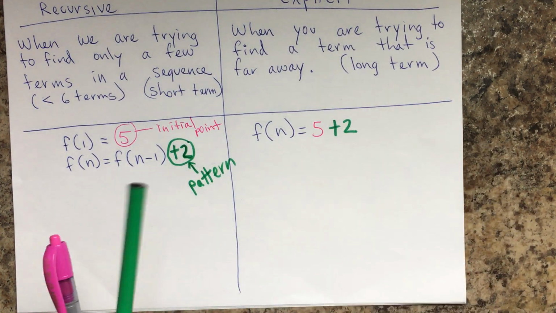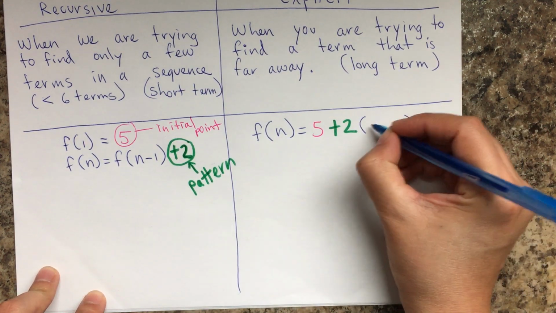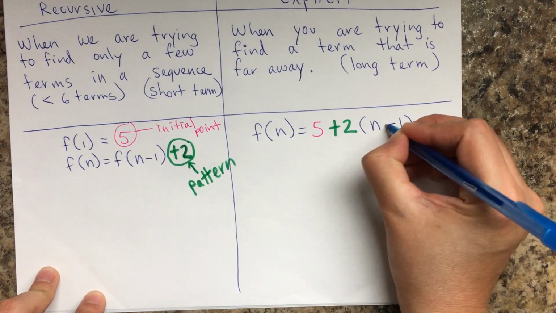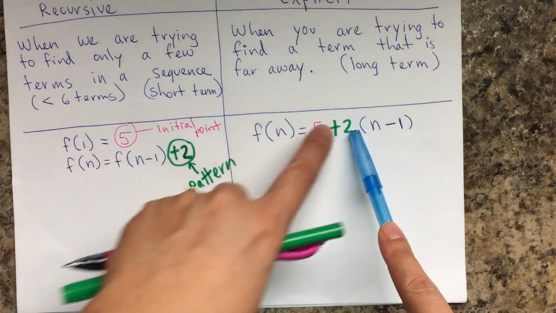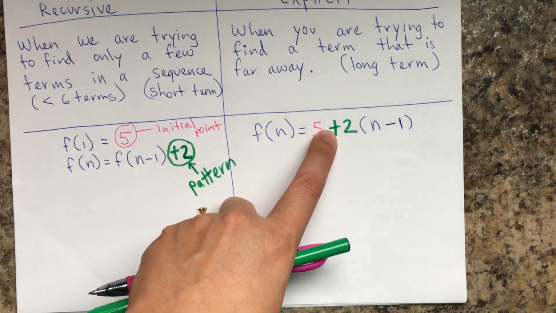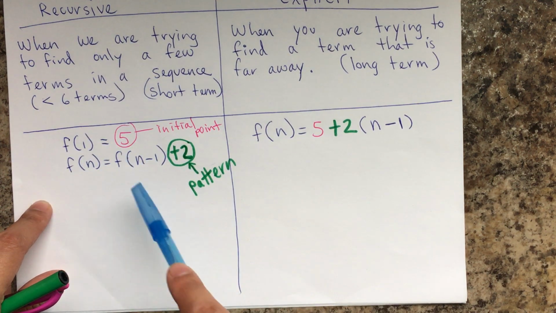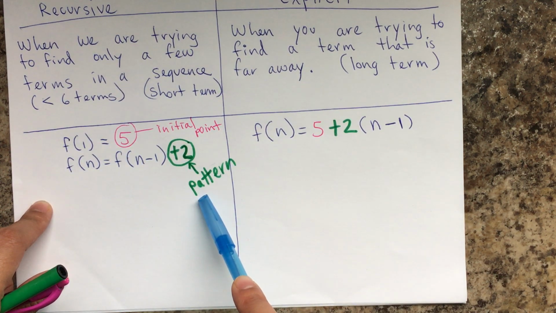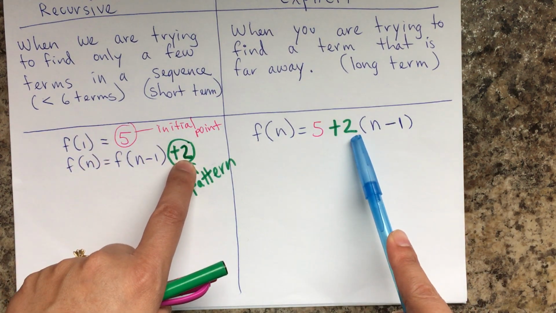And since we're adding, you have seen in the previous lessons that you are putting n minus 1 as a factor. So this means exactly the same, but this is to help you find long terms from now, and this is if you want to do a sequence for the next couple of days. Okay, initial point, the pattern.